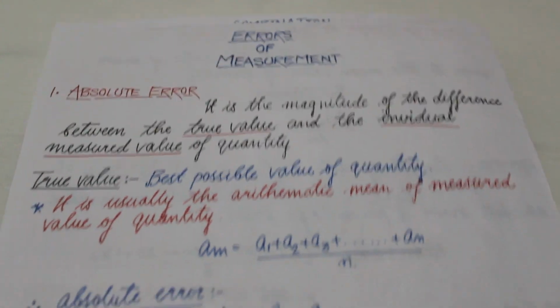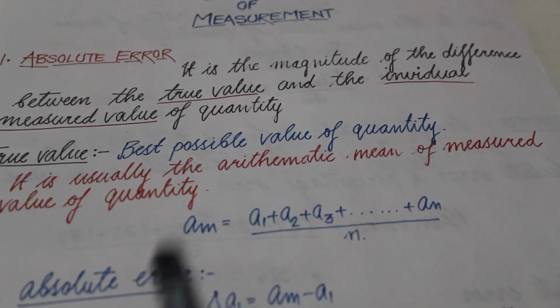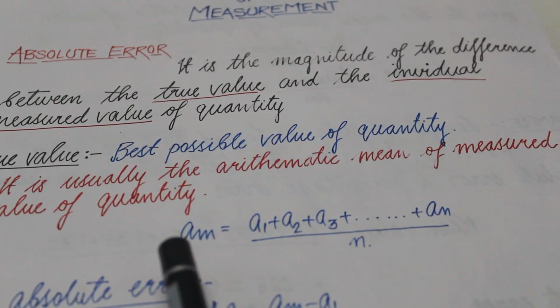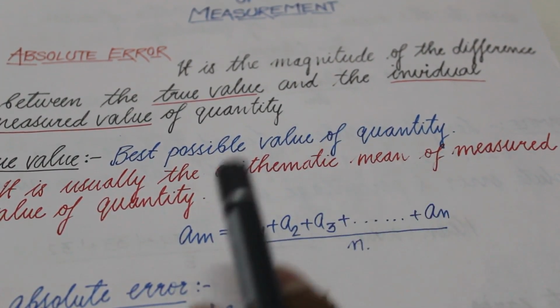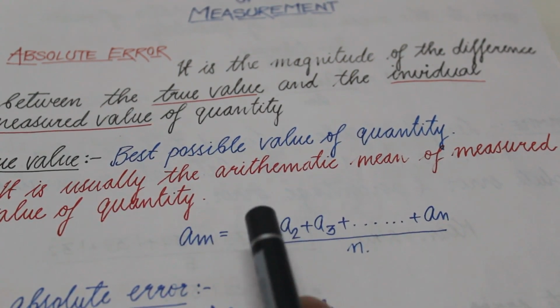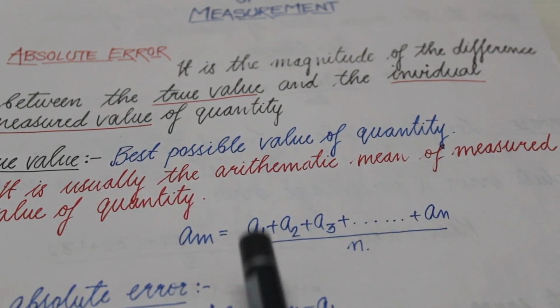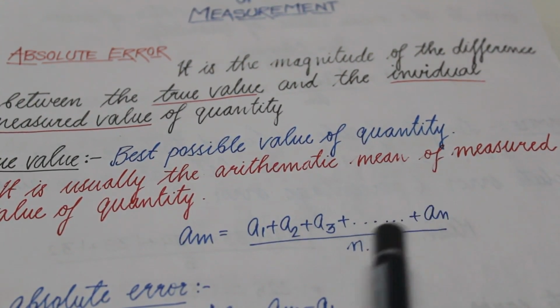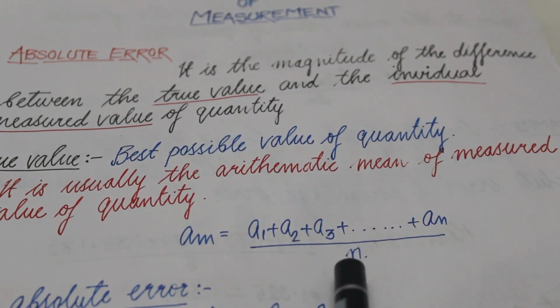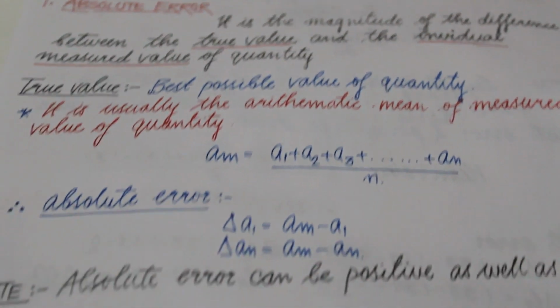So you find out true value by taking the arithmetic mean of all the readings which you have taken. Let's say you have taken n readings. So the true value will be given by the arithmetic mean of those n readings, that is a1 plus a2 plus a3 so on up to plus an, upon n. N is the number of readings which you have taken.